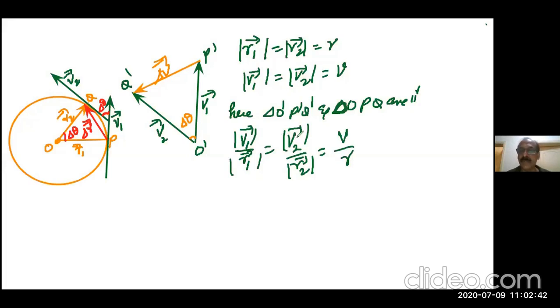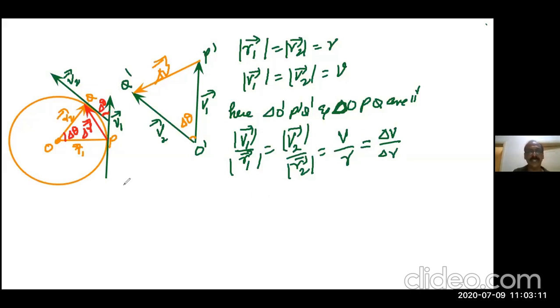V1 modulus, V2 modulus is V. R1 modulus, R2 modulus is R. Then the third side, delta V by delta R.